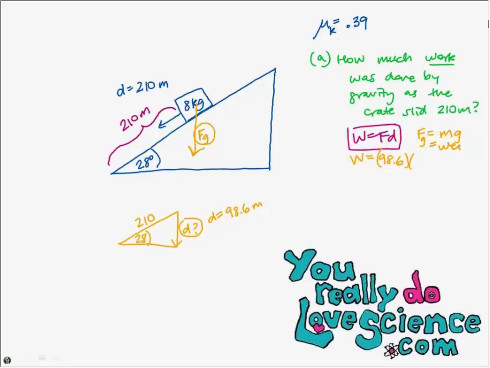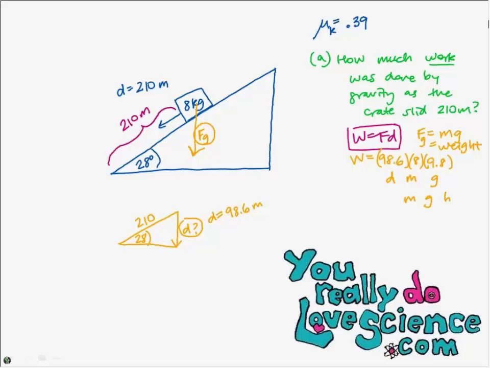So the weight of the object is the force of gravity on that object. So we're just going to do 8 times 9.8 because that's mg. And check this out. Because this is the distance and this is the mass and this is g, do you think that's kind of the same as mgh?